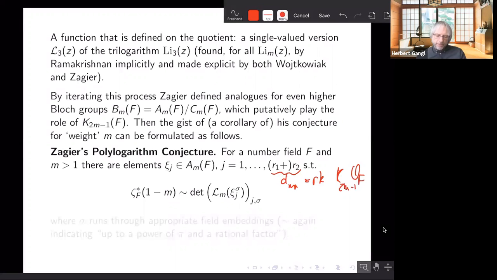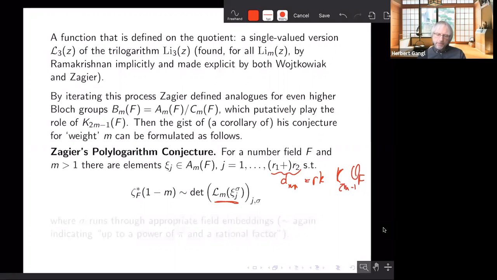Such that the zeta value, the first non-vanishing term of the zeta power series expansion, is related to a determinant of Lm. And here the twiddle indicates the power of pi, which we've seen already, I think I wrote it on the first slides, and a rational factor which did not figure in this polylog conjecture.